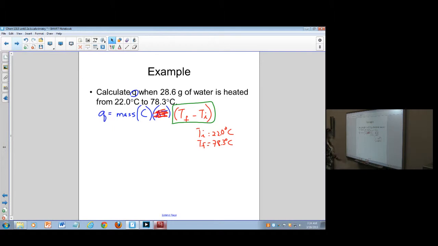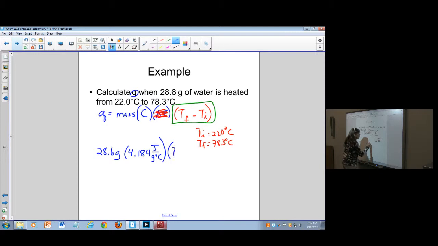So, in this case, we're going to take 28.6 grams of water, and we know the specific heat capacity of water is 4.184 joules per gram per degree Celsius. And in this case, we'll have 78.3 minus 22.0, both of those in degrees Celsius.